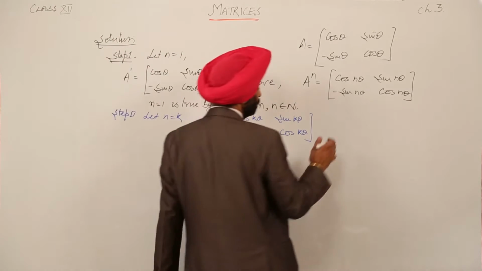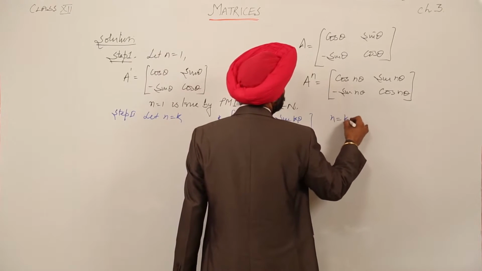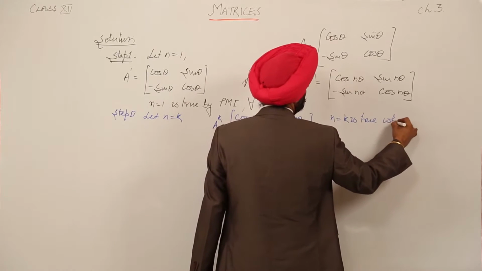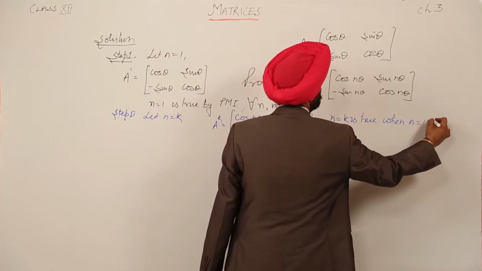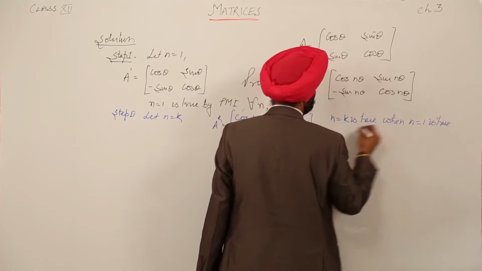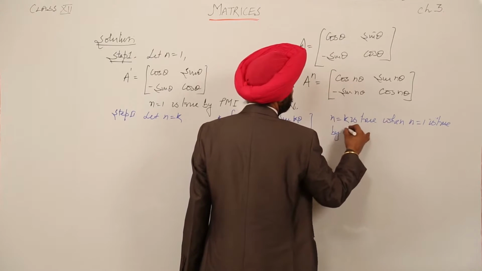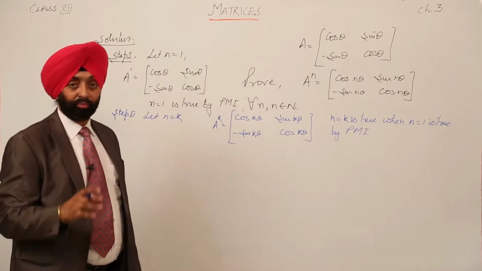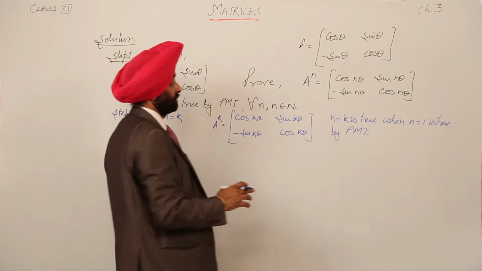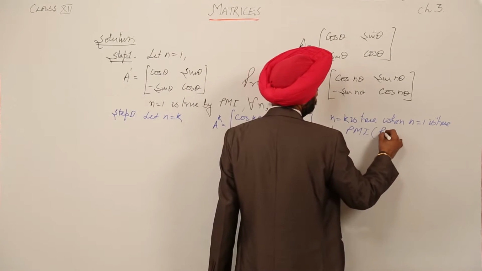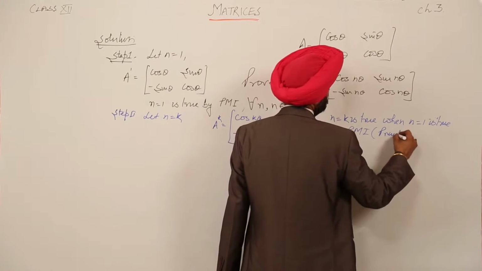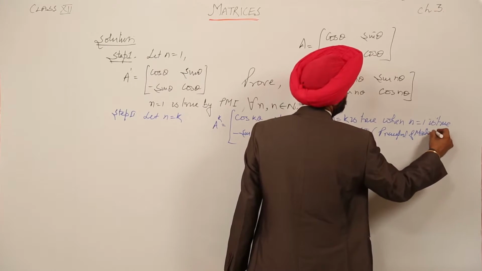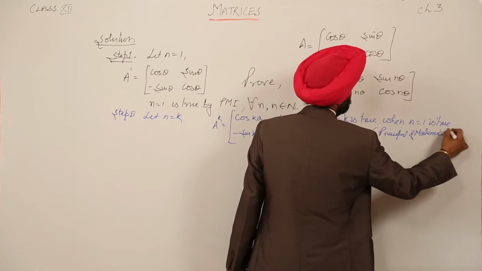Now, reason we have to write it, n is equal to k is true when n is equal to 1 is true by PMI. PMI stands for principle of mathematical induction.